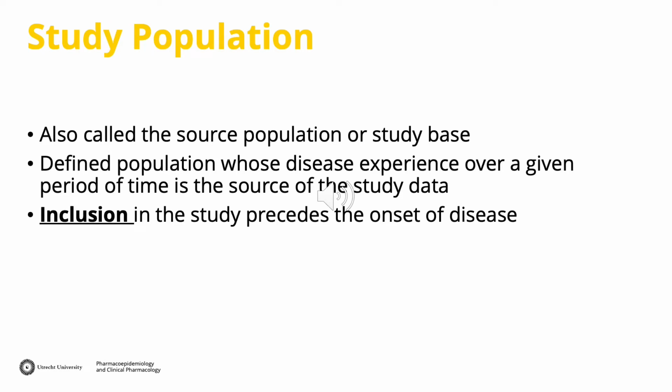So you would want to select a group of patients who have a diagnosis of rheumatoid arthritis or osteoarthritis, who have not actually experienced an acute myocardial infarction. Then you follow them forward in time to see whether or not that particular outcome develops for those patients. But the study population or the source population is going to be something like people with osteoarthritis or rheumatoid arthritis.